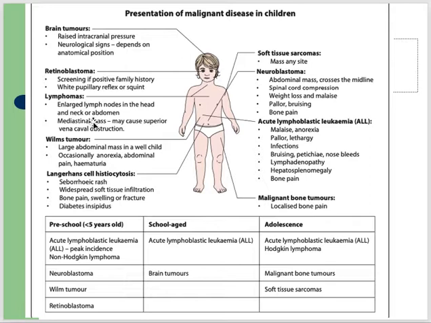Whenever lymphomas are diagnosed, it's a combination of chemotherapy as well as radiotherapy, which is used to eliminate the abnormal cells from the body. Chemotherapy has a lot of side effects, as I told you, and that's why there are a lot of limitations. It's a specialist domain: pediatric oncologists decide what kind of chemotherapeutic drug should be given to these patients.